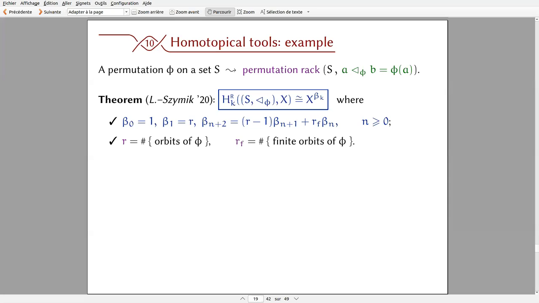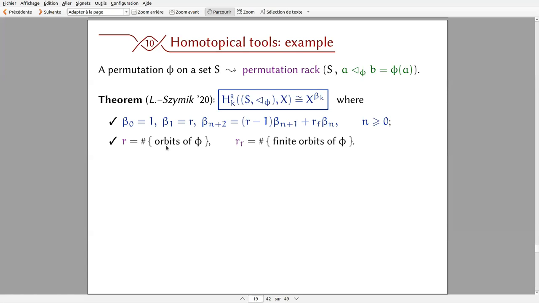And so the theorem says that in degree K, you will have just a bunch of copies of X, where X again is the group representing your coefficients, for example Z or Z modulo M. And the number of copies you take can be given by some recursive formula, which depends only on two numbers.